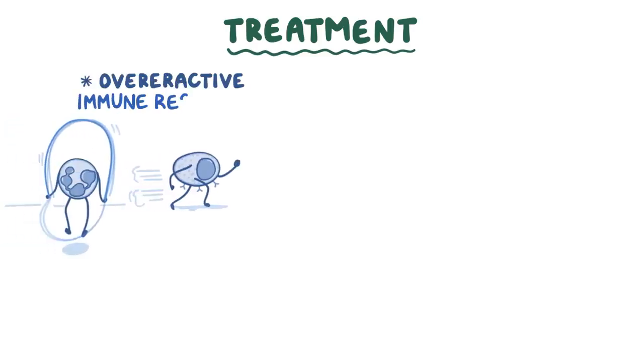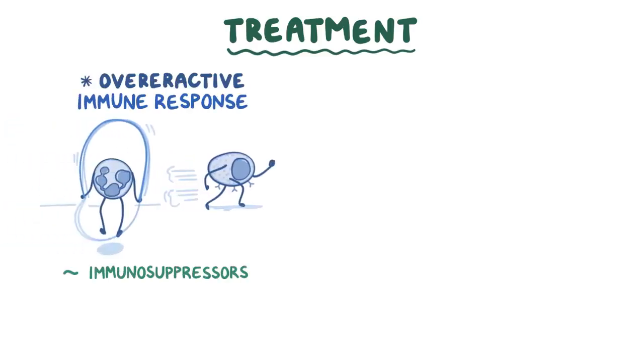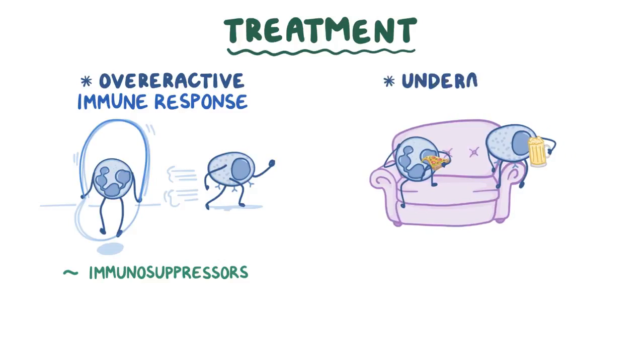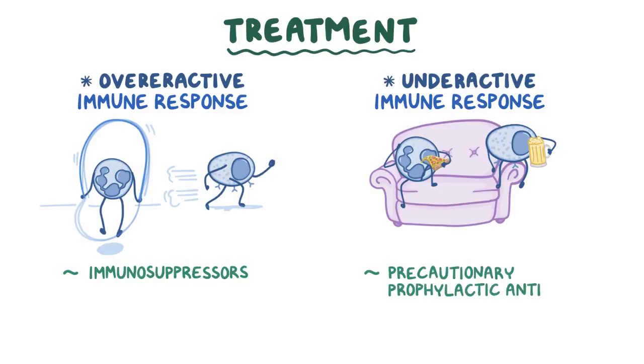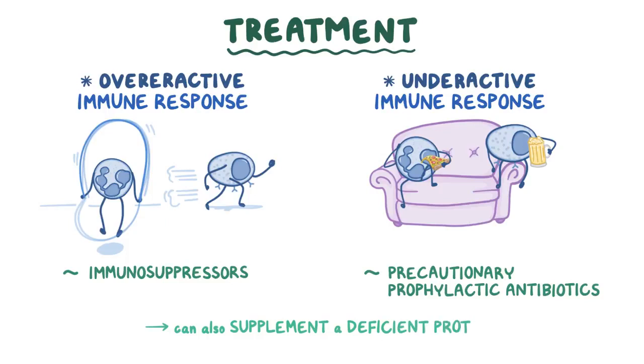Treatment of complement deficiencies depends on the cases. Those that lead to an overactive immune response can be given immunosuppressors. In cases with an underactive immune response, it's important to treat harmful infections and to take precautions like prophylactic antibiotics. In some cases, it's possible to supplement a deficient protein, like with C1 inhibitor.